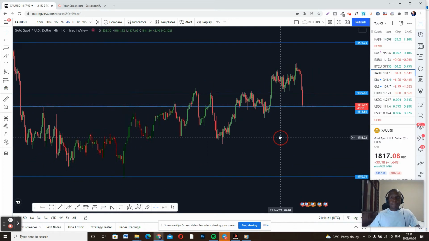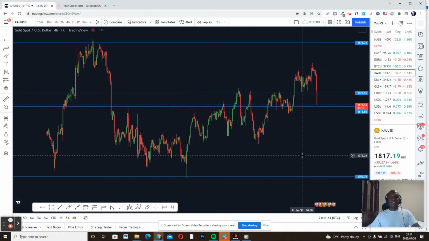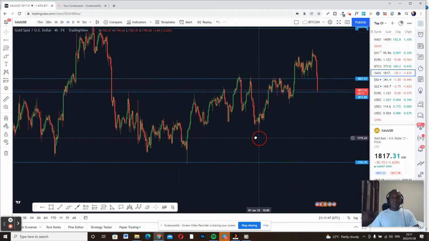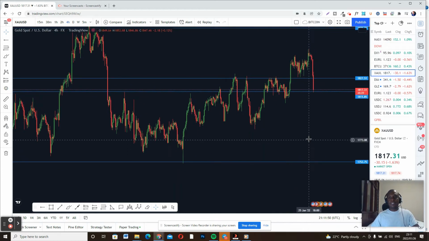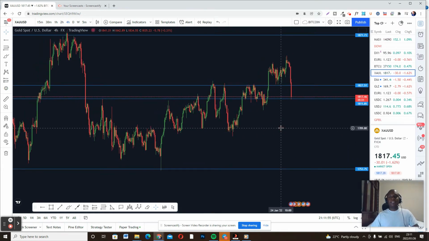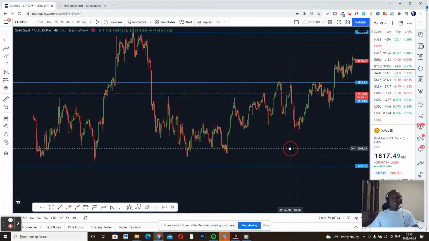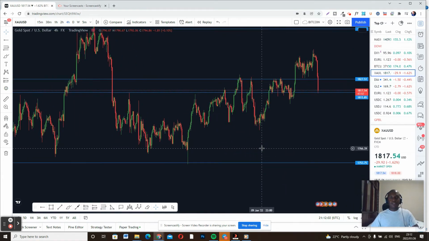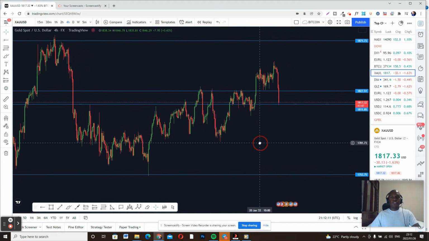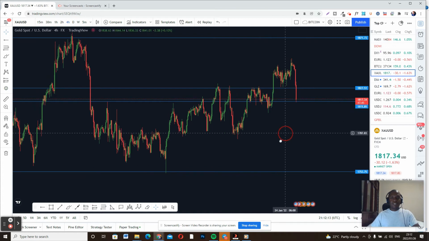And now let's look at how we can use them properly. So now that we have our support and resistance, how do we know how to trade them? I'm going to show you one little trick that I use to trade support and resistance and also breakouts. First, I'll tell you how to use support and resistance to trade a reversal.